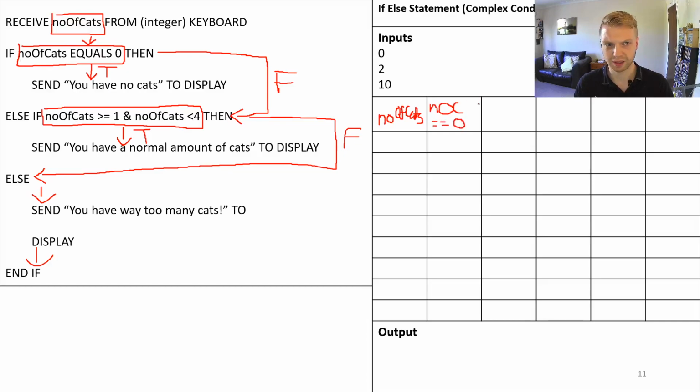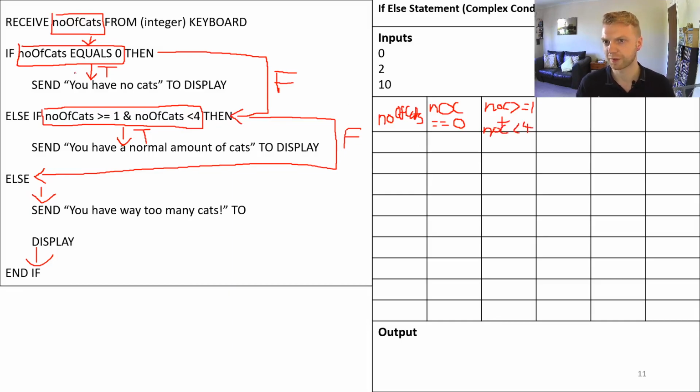And this one we're going to put in number of cats is greater than or equal to 1. There's no way I'm doing the and symbol, the ampersand, so I'll just write plus, and okay, so those are our columns.